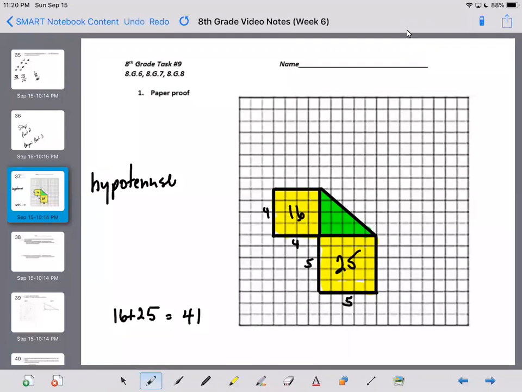The slope of this line is up 4, to the left 5. So I know that I've got to go in the opposite direction. I'm going to go 1, 2, 3, 4, 5, 1, 2, 3, 4, and that's going to be one endpoint. 1, 2, 3, 4, 5, 1, 2, 3, 4, and there's the other endpoint.